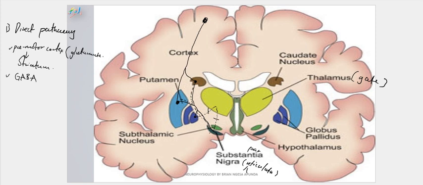So when the inhibition of these two nuclei stops, that means our thalamus will be active, because it is not receiving the inhibitory signal that it normally receives. So the activity of the thalamus will increase.